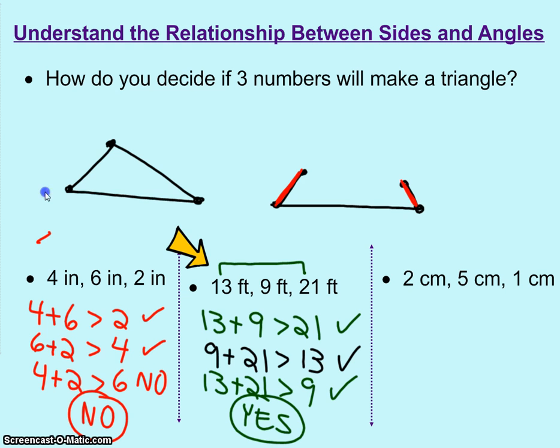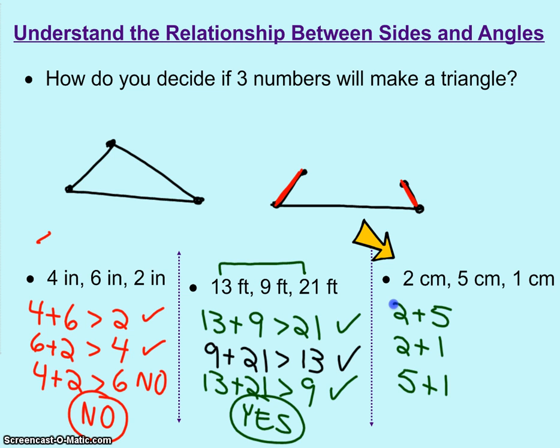Okay, so we'll look at one last case. 2 centimeters, 5 centimeters, 1 centimeter. If I try 2 plus 5, and I try 2 plus 1, and I try 5 plus 1, I'm going to see if all of those are greater than the third side.